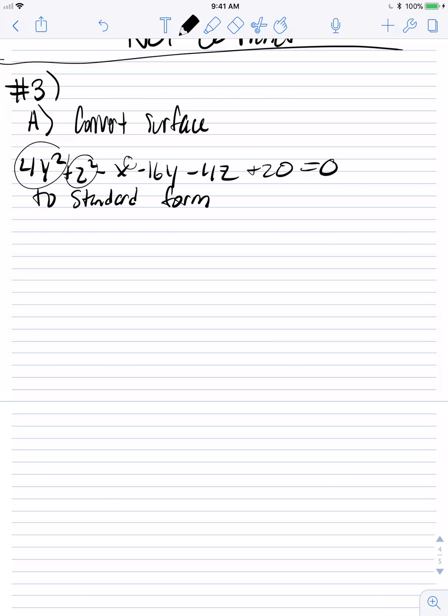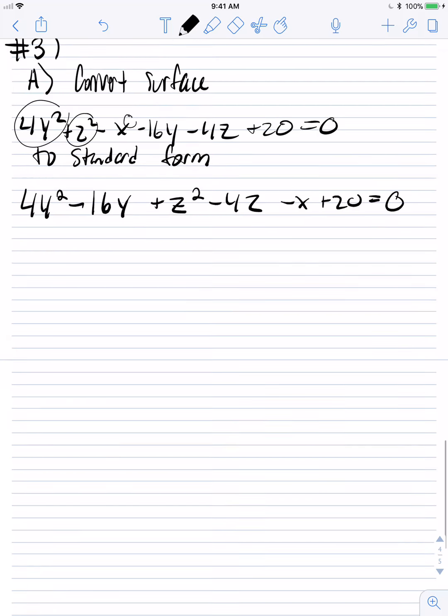We can start by combining our like terms together. We have 4y squared minus 16y plus z squared minus 4z minus x plus 20 equals 0.